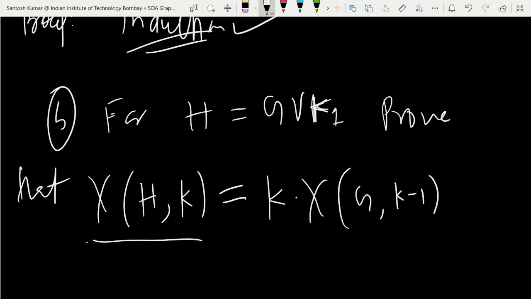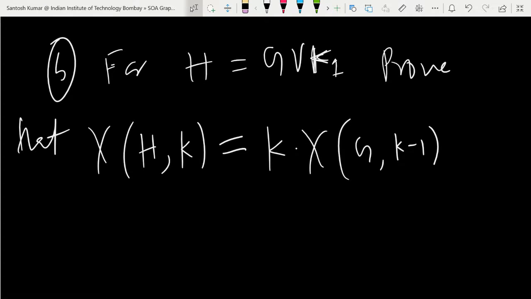So this is the chromatic polynomial of H in terms of k, and this is the chromatic polynomial of G in terms of k minus 1. We just need to apply the counting principles.